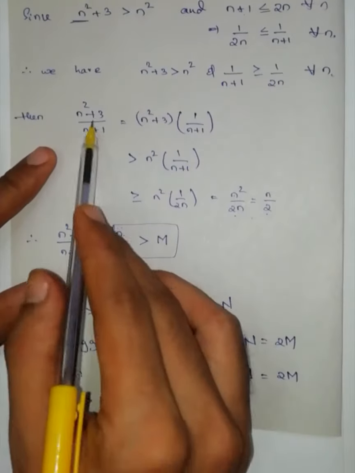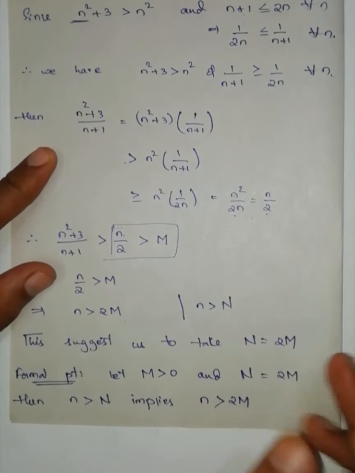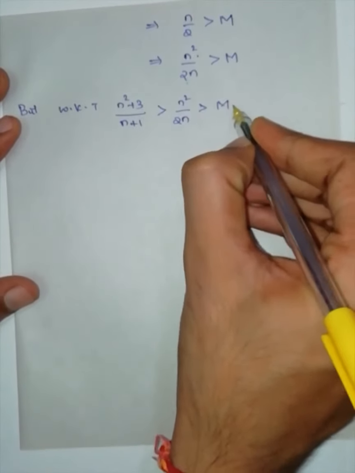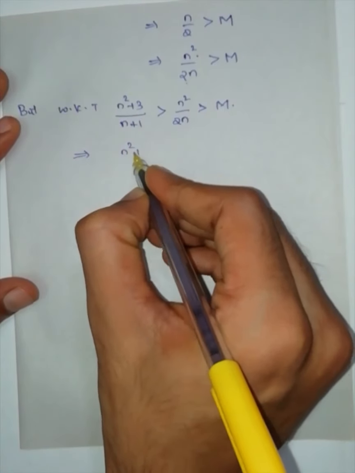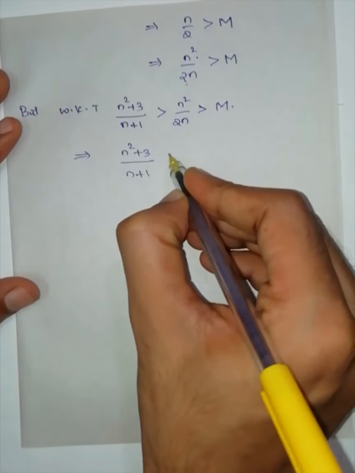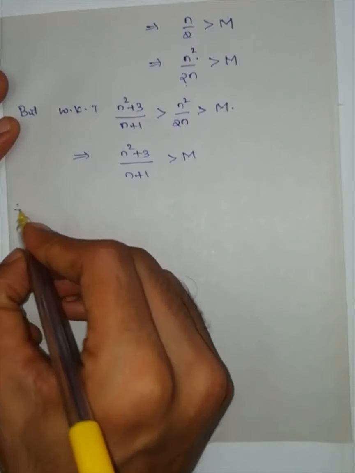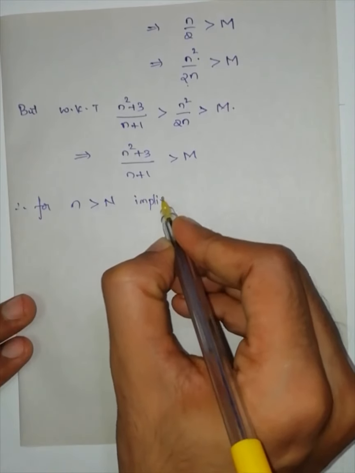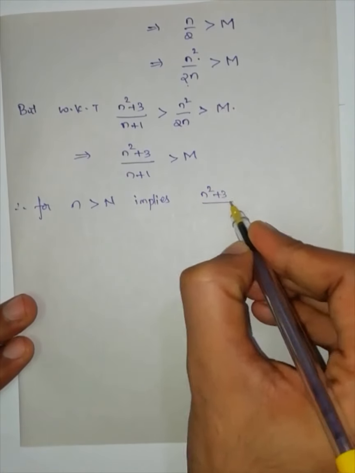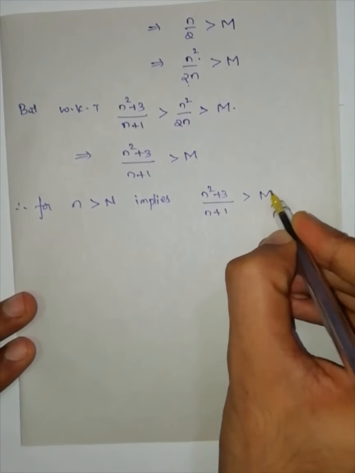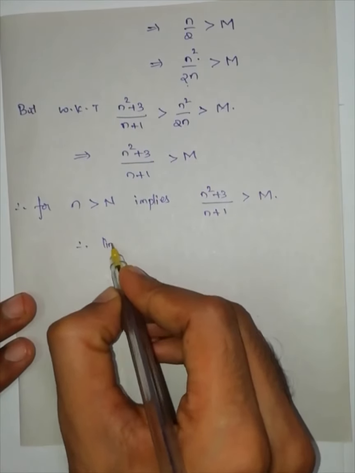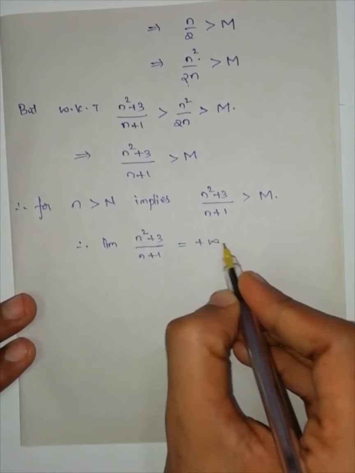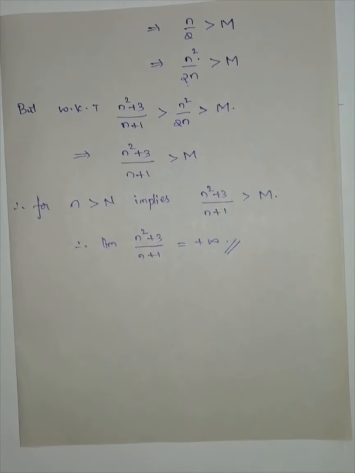Here we got this one is greater than this one, and here we got n²/(2n) is greater than capital M. This implies (n² + 3)/(n + 1) is greater than capital M. Therefore, for small n greater than capital N, we got (n² + 3)/(n + 1) greater than capital M. This says that limit of (n² + 3)/(n + 1) is equal to plus infinity.